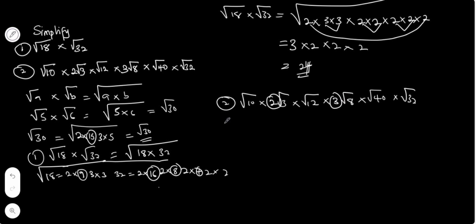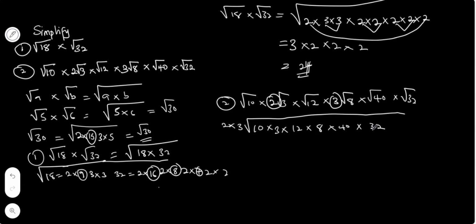So we bring them together, 2 times 3. Now every other number inside the root, bring them together. We have 10 times 3 times 12 times 8 times 40 times 32. Very simple. Just simplify them. 2 times 3 is 6. So we have 6 already outside the root.